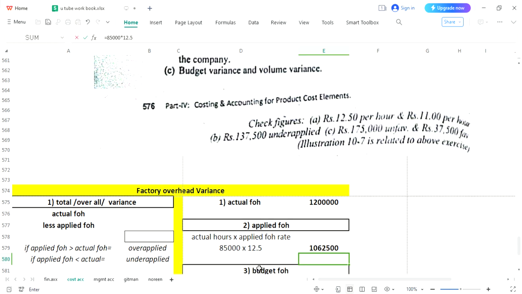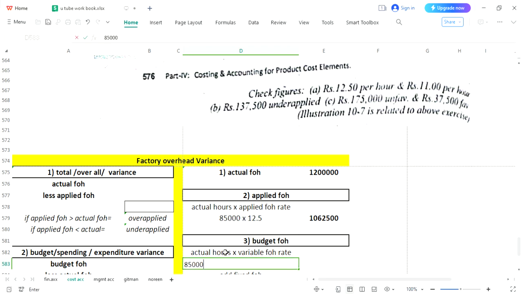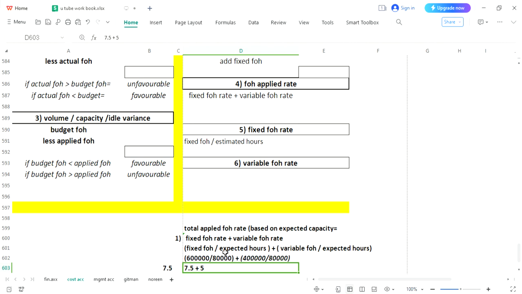Okay, so we have our applied FH. And now we can calculate our budget FH, which needs actual hours. Actual hours are 85,000, which were mentioned above, given in the book, and you need to multiply it with variable FH rate. And you can see in our question, we have calculated expected capacity rate.